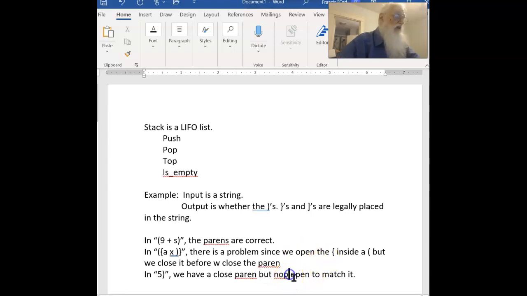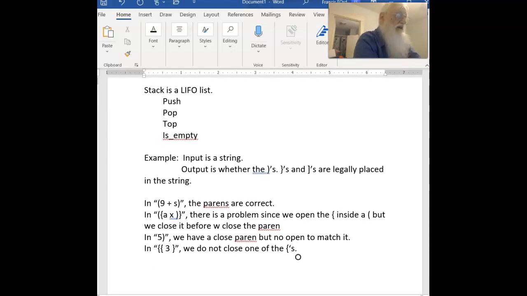And I guess the third one that you might think about is in, let's say, brace 3 brace, we do not close one of the braces. So those are the errors that we could have when we bring in such a line.